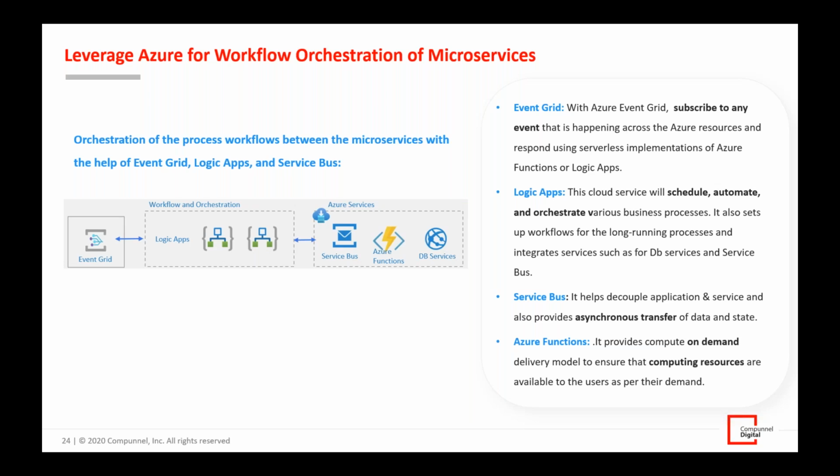When I say services, it can be an API service, it can be a microservice, it can be anything. It will connect to that because Logic Apps has got near about 340 connectors right now to get the data from different systems. You just connect with those systems, get the data, aggregate it, and send it back to the API gateway. And that's a good way of doing it.